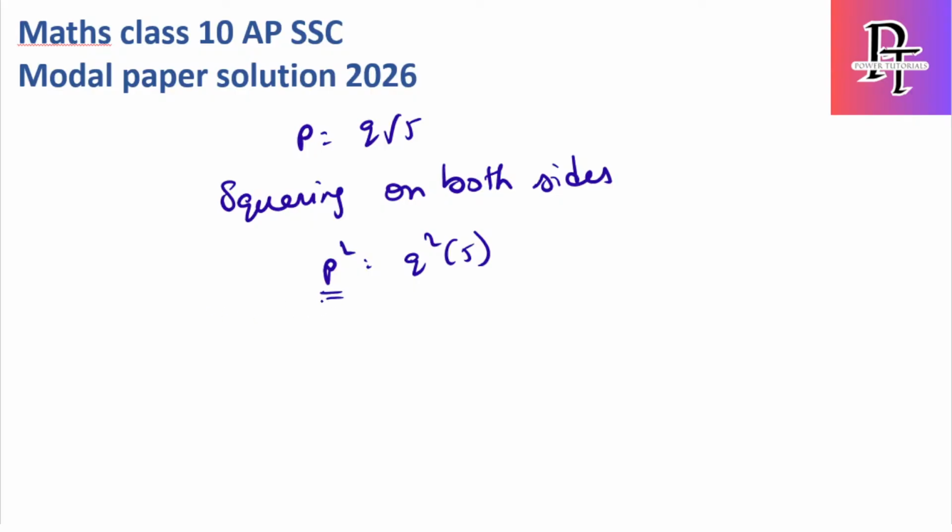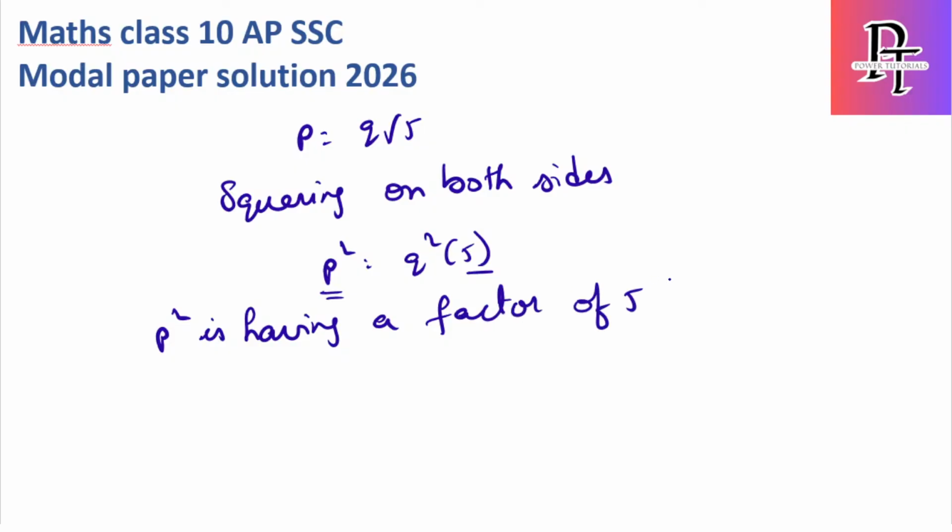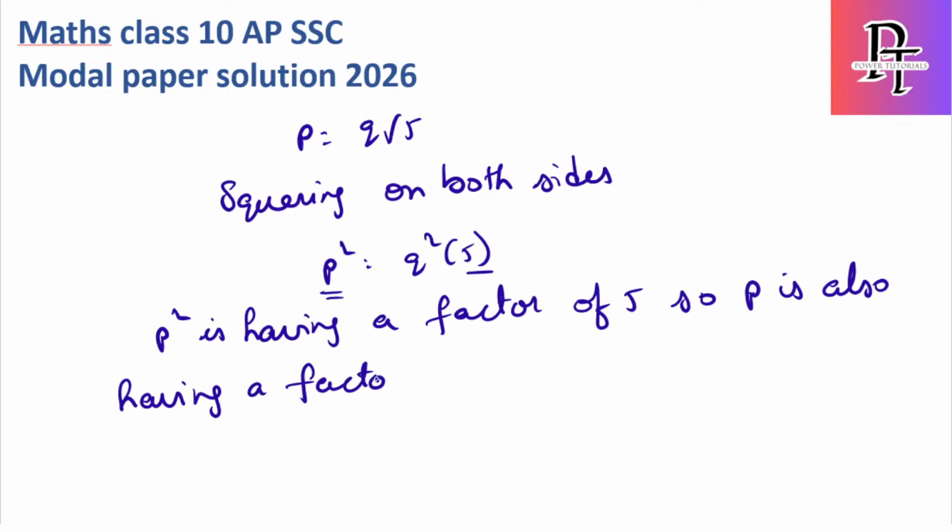So p square has a factor of 5, so p also has a factor of 5. Hence, I can write p is equal to 5a.